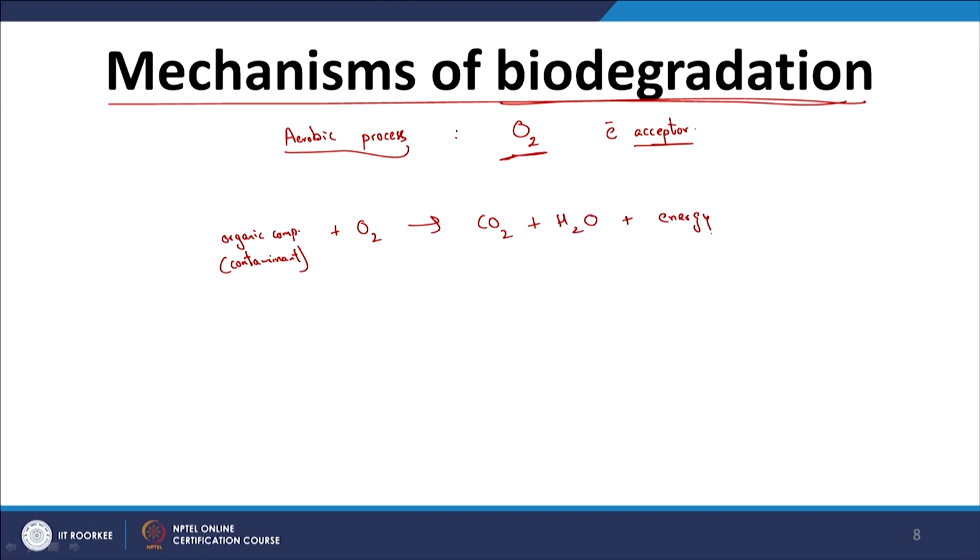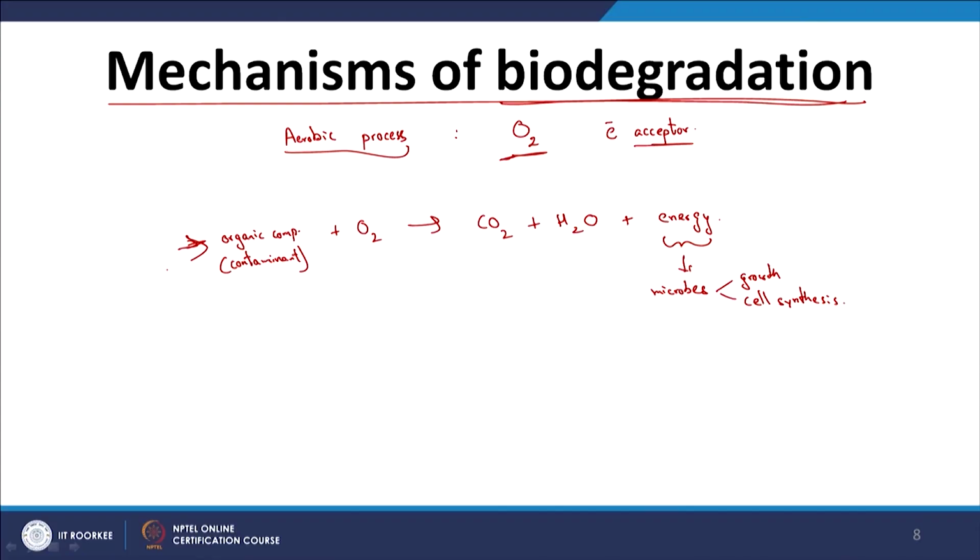And this energy is required by the microbes for their growth and cell synthesis. Obviously they need carbon, which can come from this organic compound, and you also need other nutrients, but they typically exist out there in nature, in the soil, or you can add them.